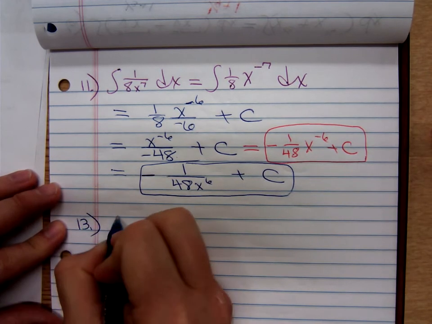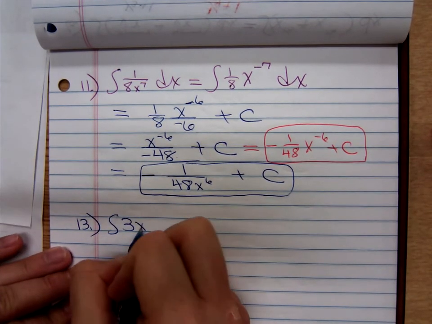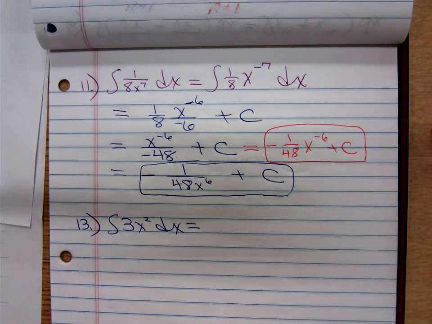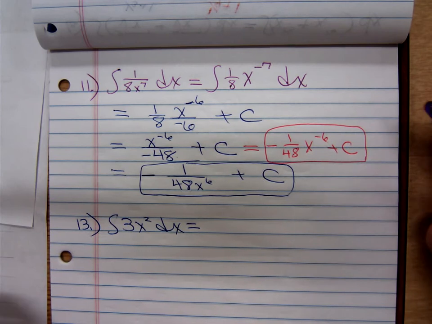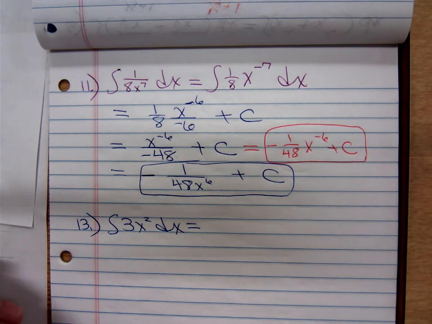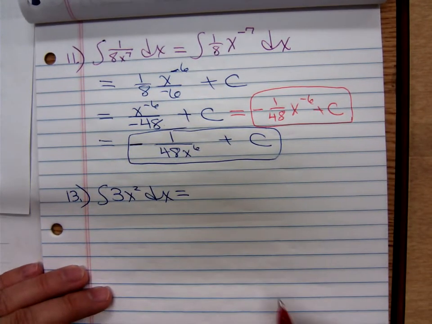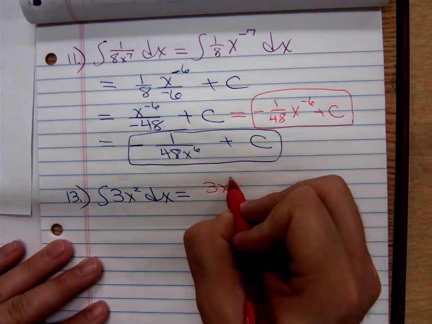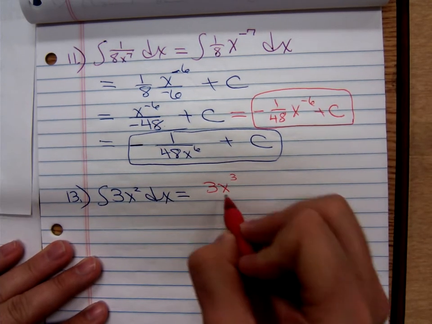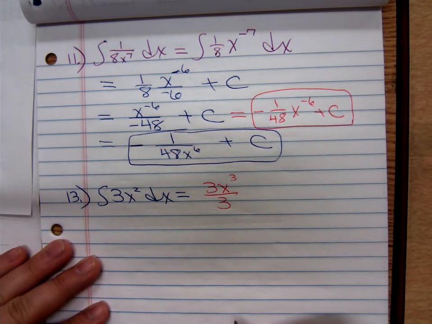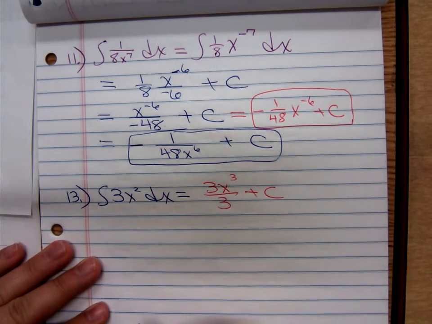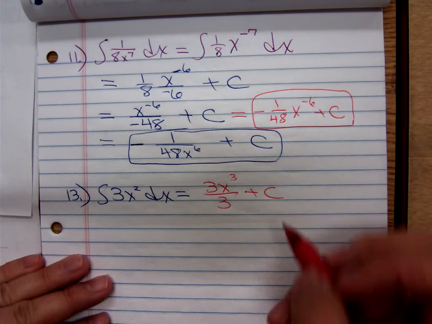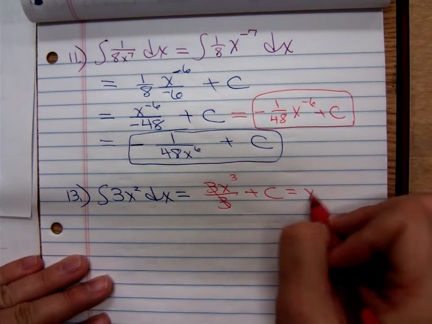Oh, how did this one get here? I must have just been wanting to be nice to the students, I guess. At this point, this should seem pretty easy. You have the 3x squared, what's the new exponent? 2 plus 1 is 3, divide by 3, plus my constant c. And that cleans up very nicely to just x cubed plus c.